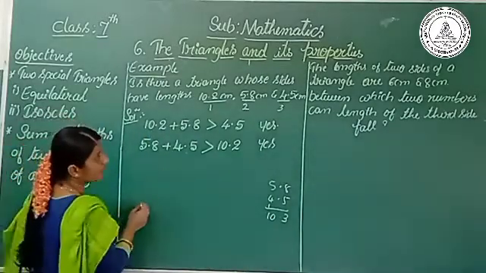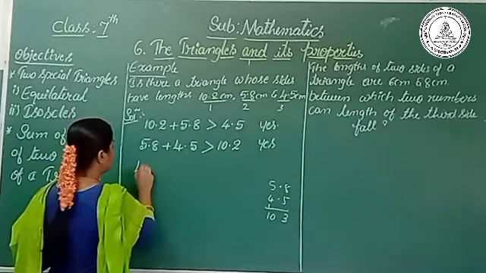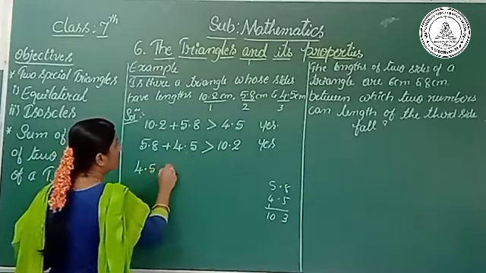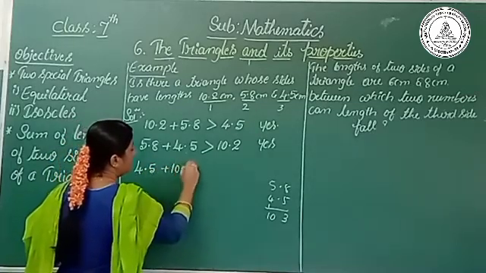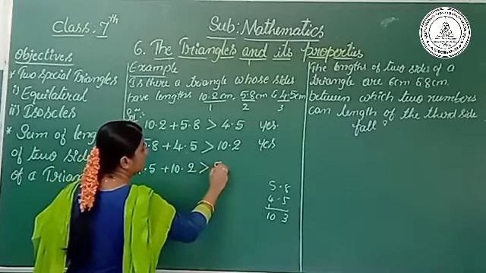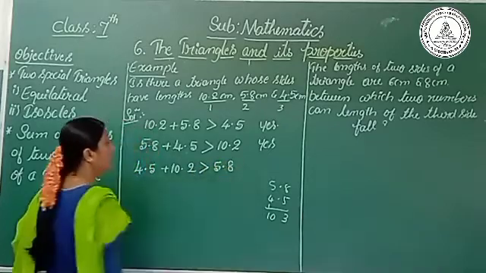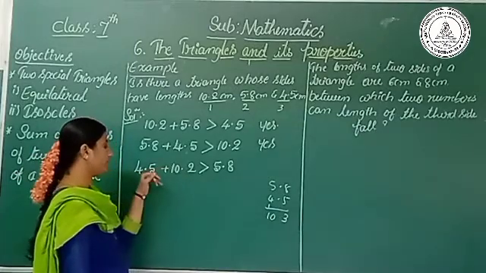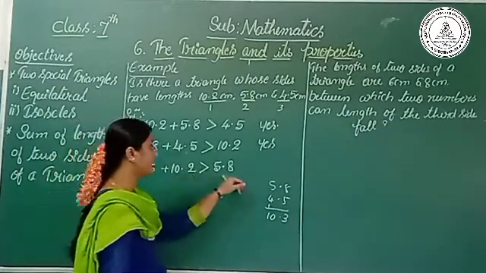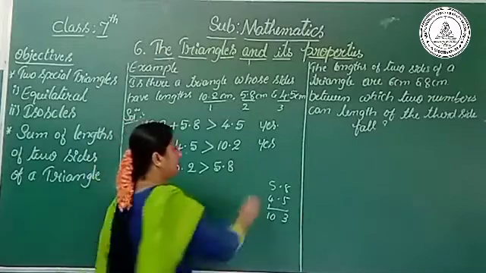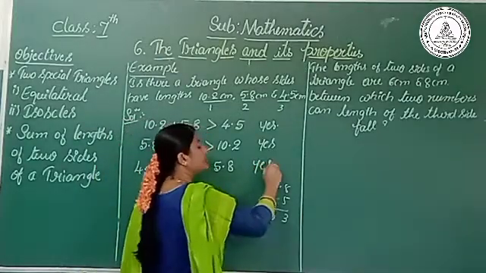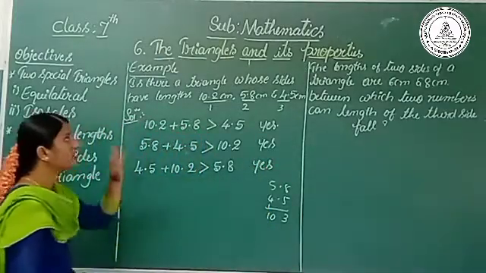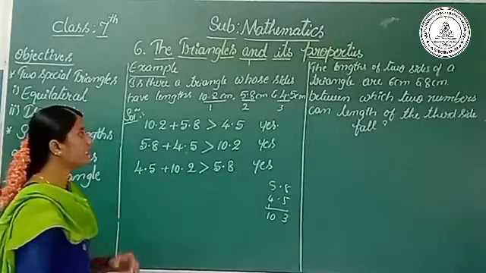And then let's check the third side and the first side. The sum of the third side and the first side should be greater than the second side. So 4.5 plus 10.2 is 14.7, which is greater than 5.8. Yes, the triangle is possible for the given three measures of the sides.